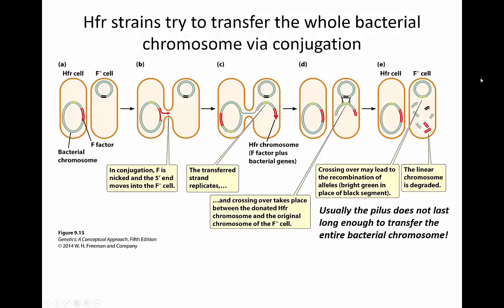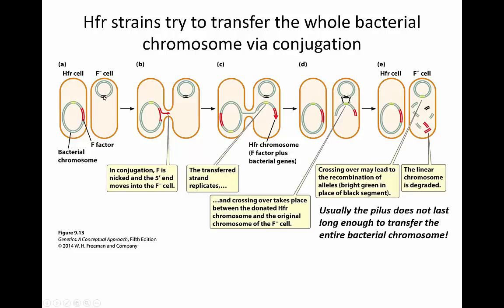However, it can undergo recombination before it gets degraded, and if it does undergo recombination, any genes that were transferred from the Hfr cell can actually be incorporated into the recipient cell. And so here you have this gene, it's the green gene.